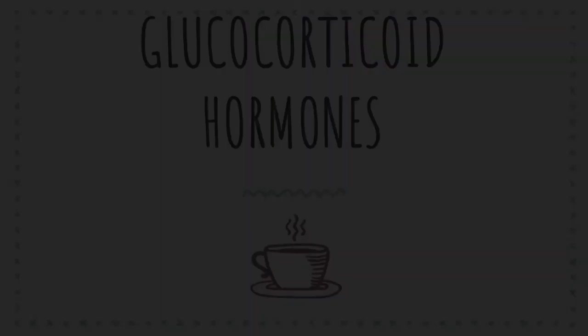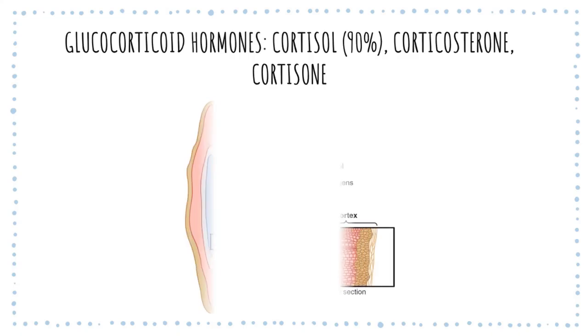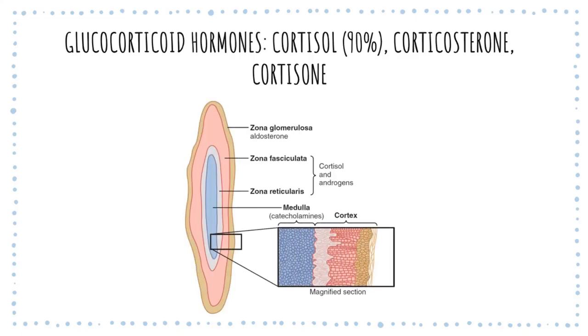Glucocorticoid hormones. The adrenal cortex is made up of 3 layers associated with 3 classes of hormones. Firstly, mineralocorticoids are produced by the outer layer of the adrenal cortex, the most important of which is aldosterone.